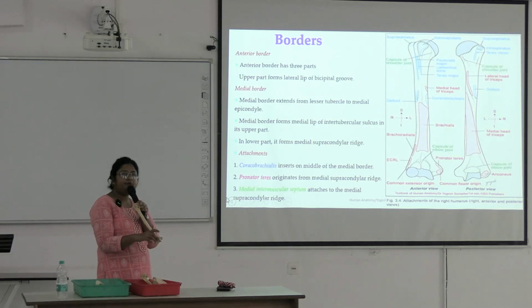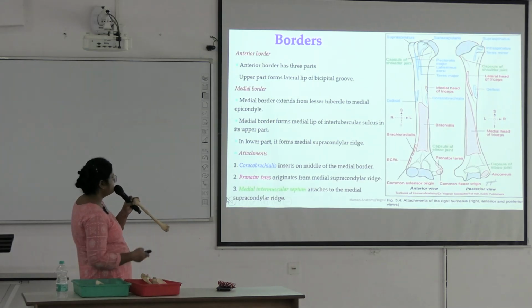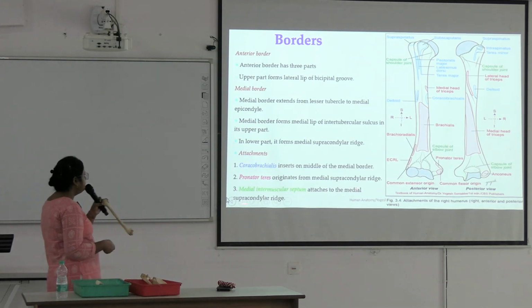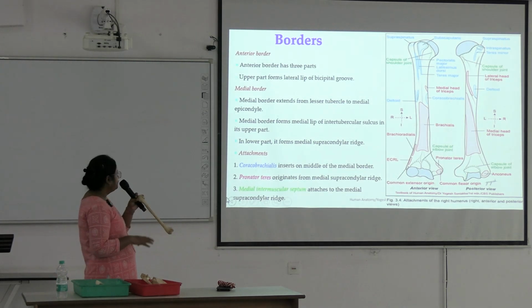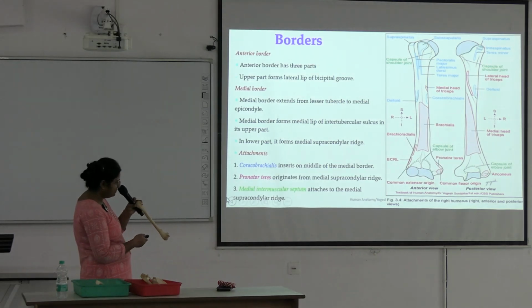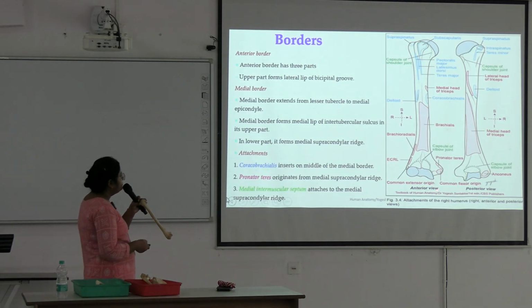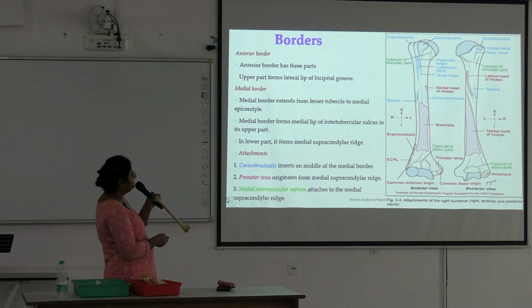Next, medial intermuscular septum is attached to the medial supracondylar ridge. In this picture you see pronator teres is originating here, and along this border medial intermuscular septum is attached, and here is the insertion of the coracobrachialis muscle.